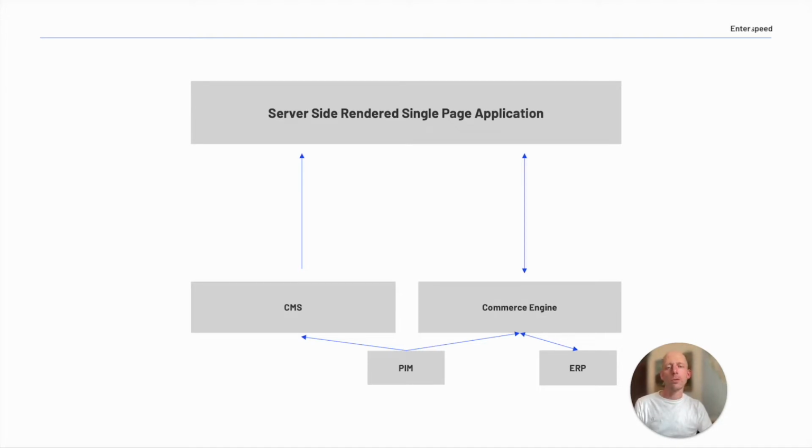So you choose the CMS and the commerce engine that is best suited for your needs. We also see people choosing, for instance, a product information management system, and they still have the need for getting those data onto their website. And often we see people sending that data from the backend system into the CMS in order to make it available for the front-end application.